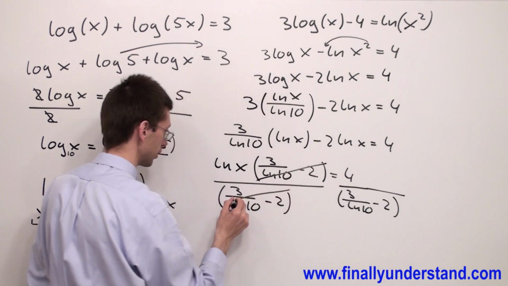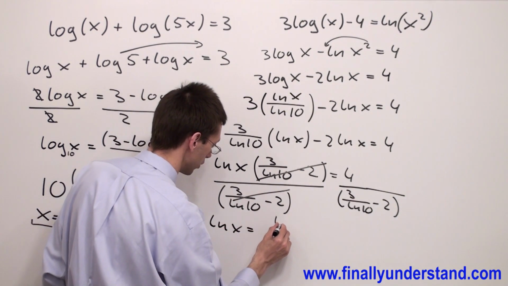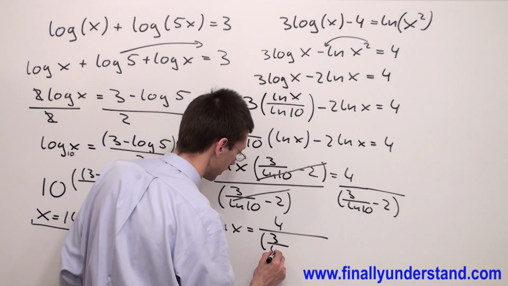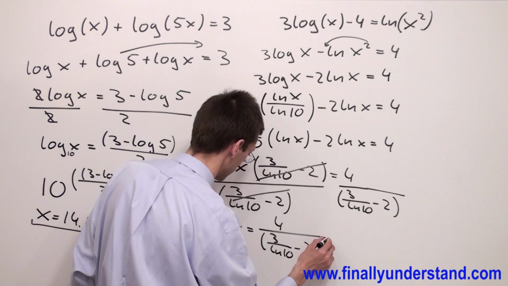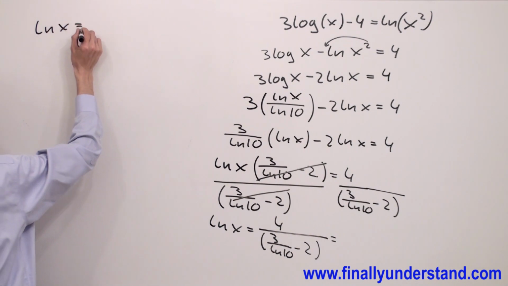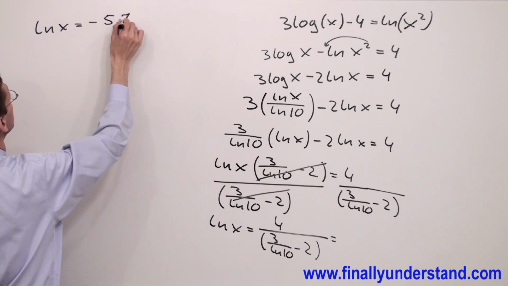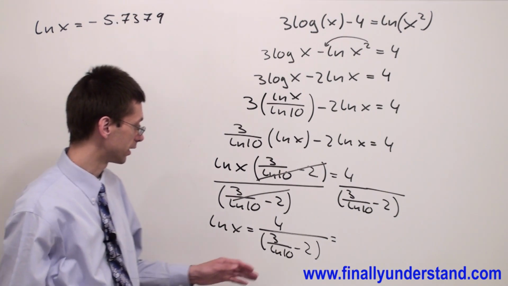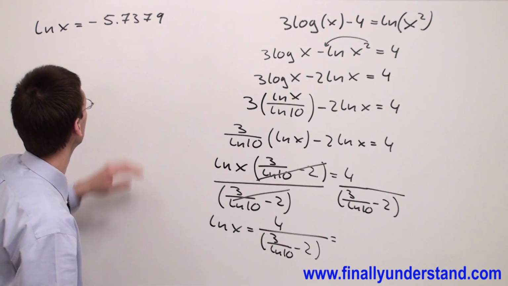This and this will cancel out, and I'm going to have ln x is equal to 4 over (3 over ln 10 minus 2). This is equal to, natural log of x is equal to negative 5.7379. I simply plug these numbers into the calculator and I obtain this number.